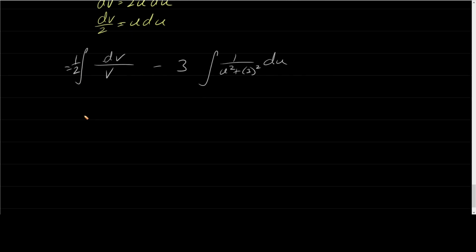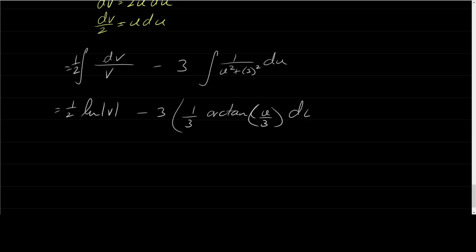Now, the integral of dv over v is just ln of the absolute value of v. And we have that minus 3 times the integral of 1 over u squared plus 3 squared du. Well, that's going to be 1 over 3 times arctan of u over 3, plus c. There we go.